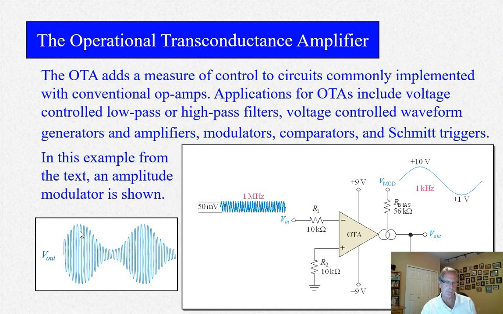And this is what the V out ends up looking like. You get this kind of envelope. So the higher the amplification, the greater the output is, and when V mod comes down, it's less amplification.